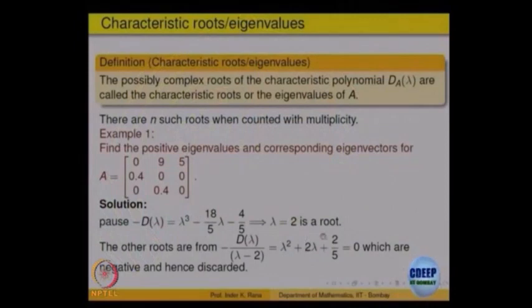Sometimes you can look at 1 minus 1, 2 minus 2 and so on. This is just for the sake of example. In mathematics life, it is not easy to find roots of even a cubic; it can be tricky. So, here you find 2 is a root and all other roots are negative.